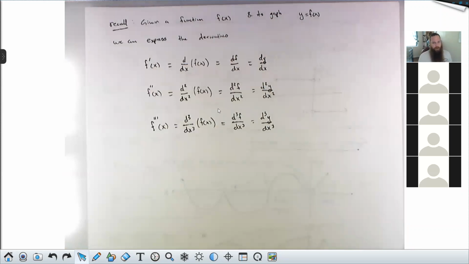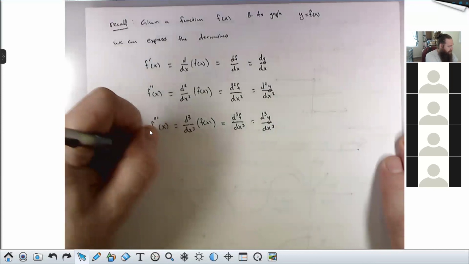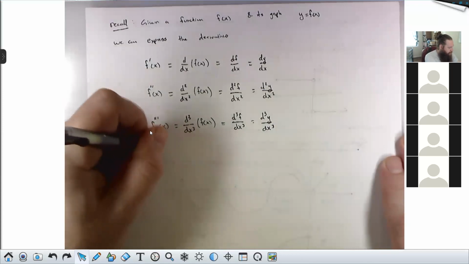The notations on the right-hand side, the Leibniz notation, all this stuff is kind of clumsy, right? It's cluttery. There's just a lot to write. The prime notation is generally very nice, right? It's super simple. But as you start getting more and more of these, it becomes clunky and clumsy. So for the next derivative, we don't write 4 primes.